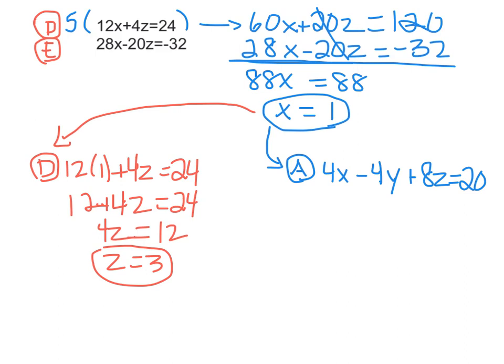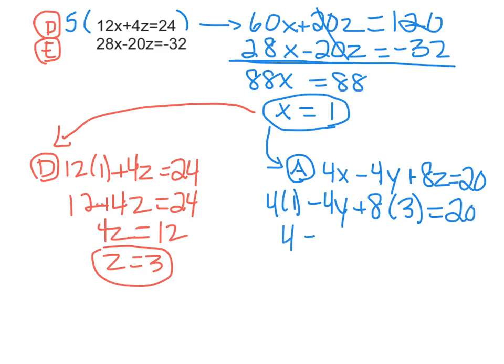Now, if you look, I've got x equals 1, I've got z equals 3. So I'm just going to do 4 times 1, I still don't know what y is, plus 8 times z, which I now know is 3, and that equals 20. So I've got 4 minus 4y plus 24 equals 20.